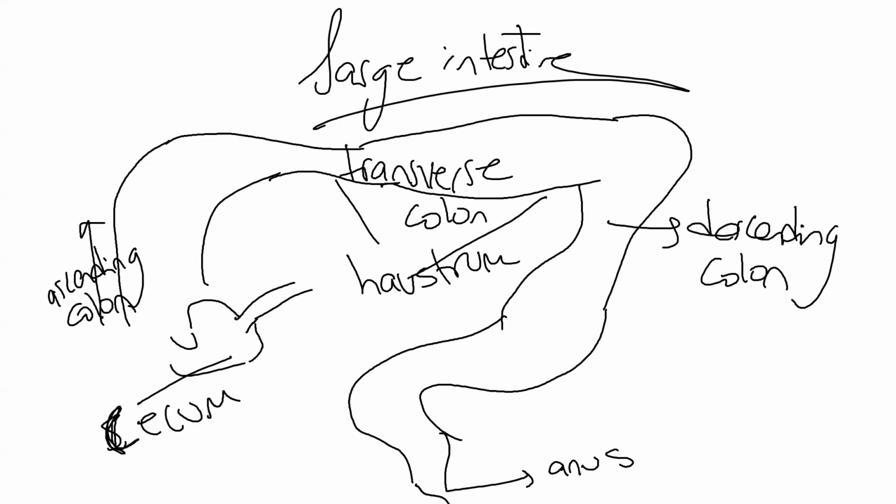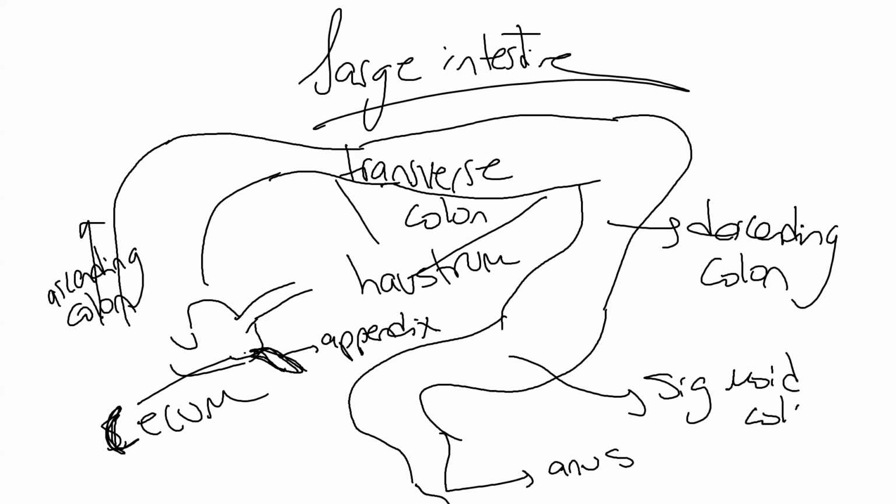And we have here the appendix, it's like a small one here. What else do we have here? Yeah, the one before the anus is called the sigmoid colon. The rectum.